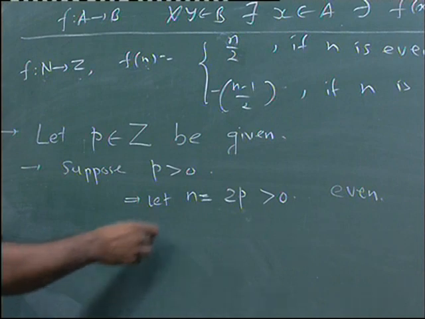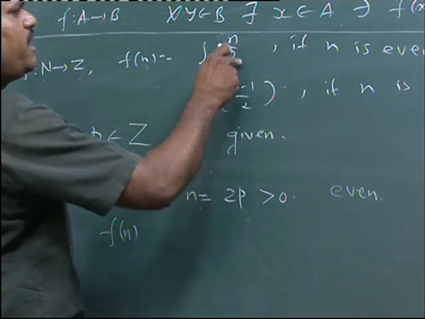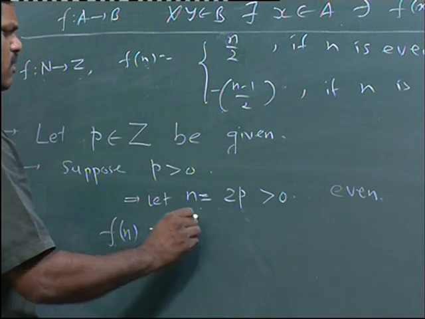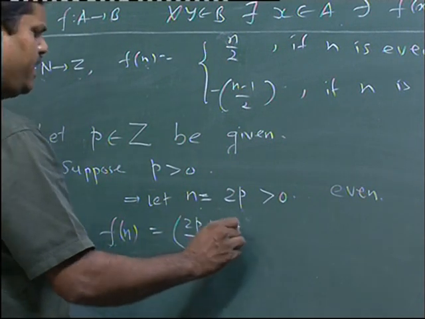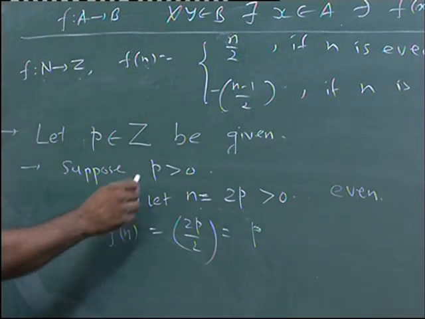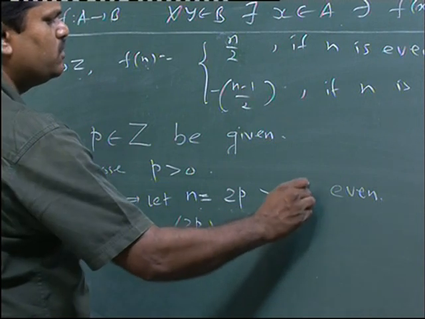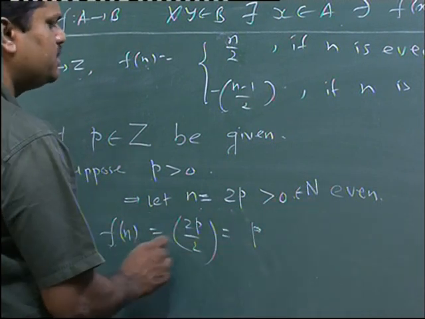Therefore, for this n, I have to use the first formula, n by 2. So, f(n) is equal to 2p by 2, and therefore it is p again. So, in this case also, whenever p is positive, I have some n, which is 2p, belonging to capital N, such that f(n) is equal to p.